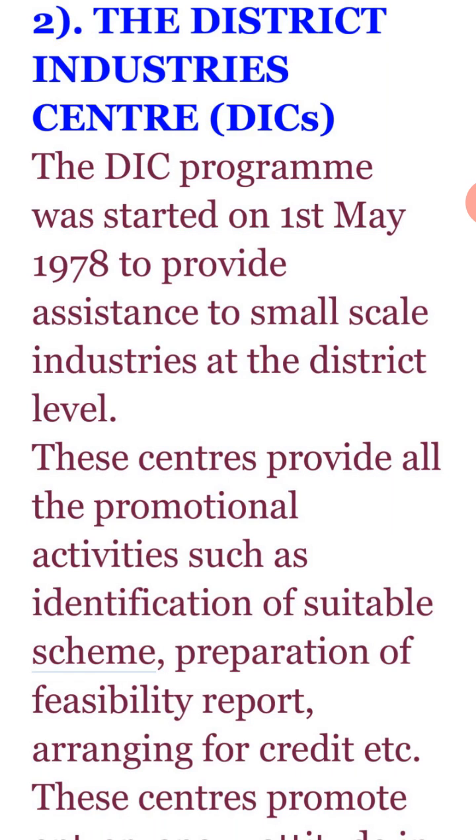These centers provide all the promotional activities such as identification of suitable schemes. What do they do for you? They identify suitable schemes, and prepare feasibility reports either on the technological ground, the financial ground or the ground of profit. Also, they help you in arranging credit, etc.